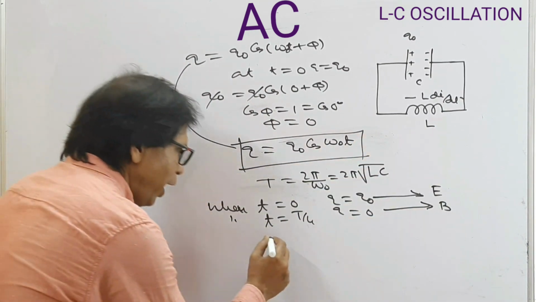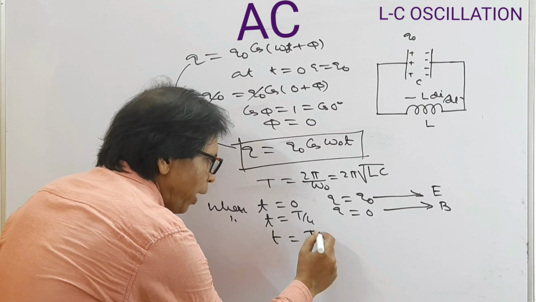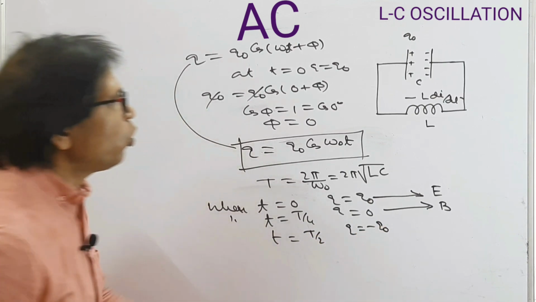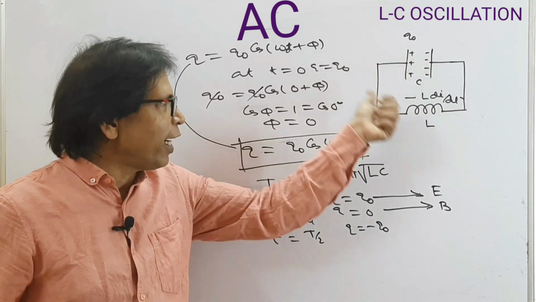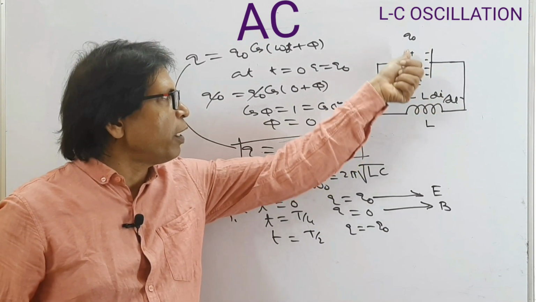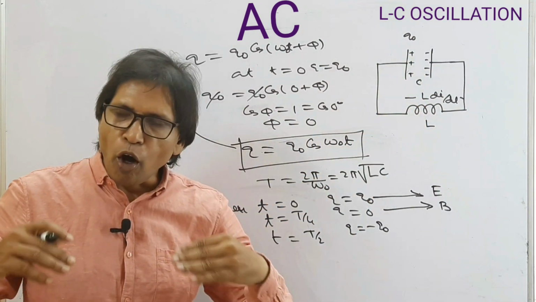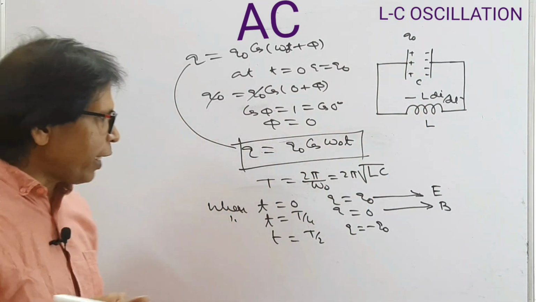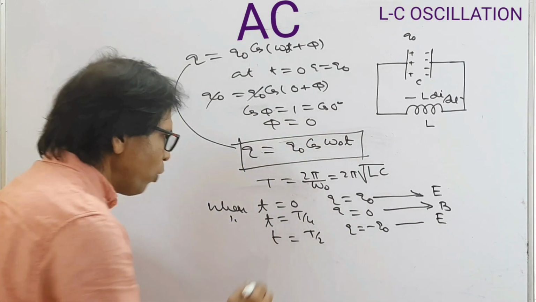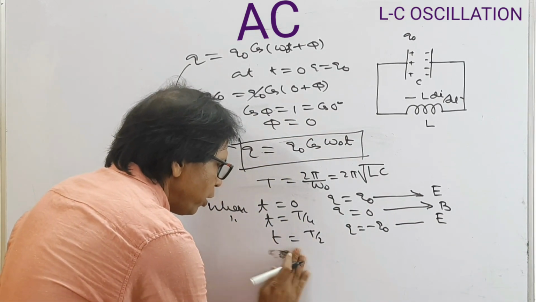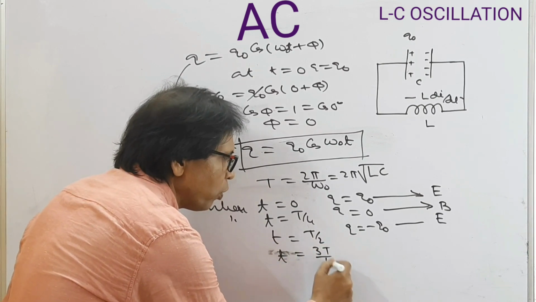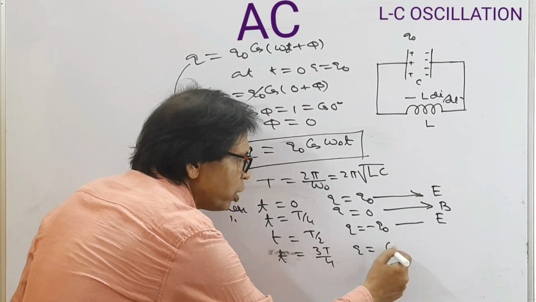Okay. Now at t equal to T by 2, look at this, Q equals minus Q naught. So the capacitor is again charged here. This plate is positive and this plate is negative, that is, opposite polarity is obtained. But the energy is again electrical. Now when t equals 3T by 4, Q equals 0.